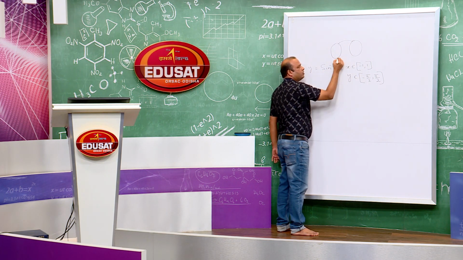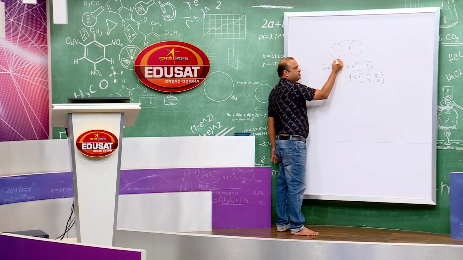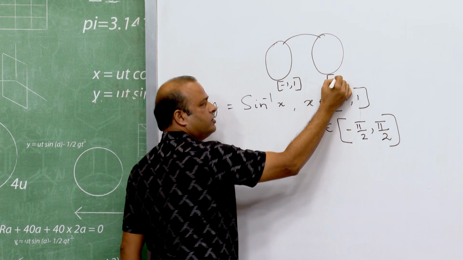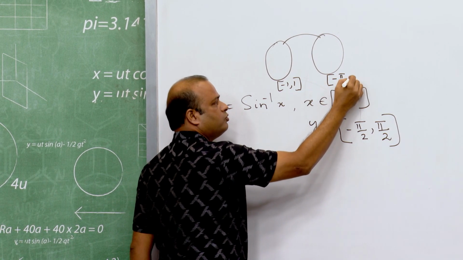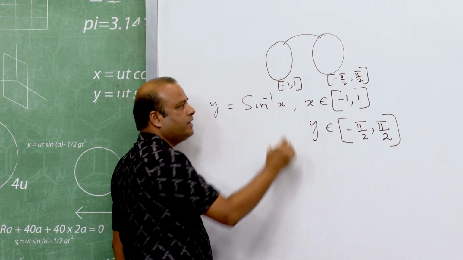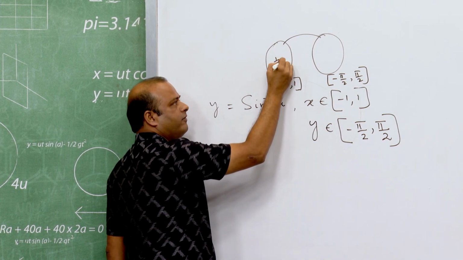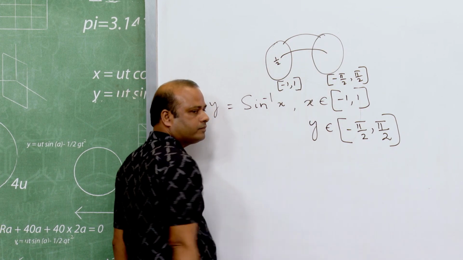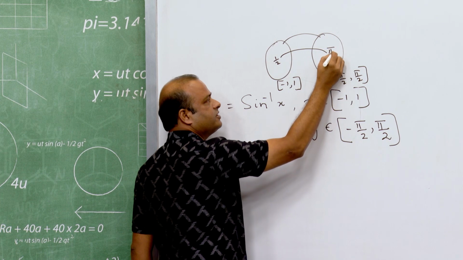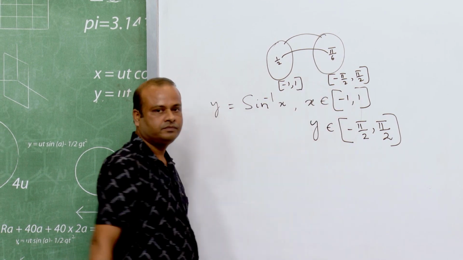So, this is the domain where x lies, it is from minus 1 to plus 1, and this is the range, that is minus pi by 2 to pi by 2. Suppose you take it half, it will be 30 degree, that is pi by 6, like this.